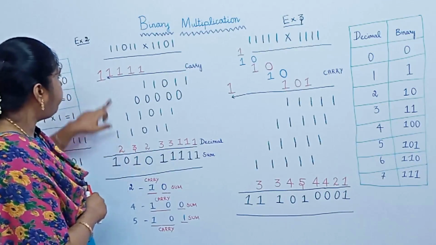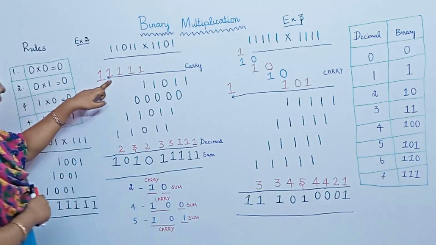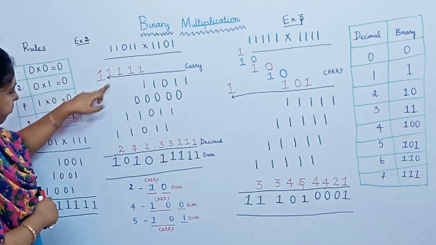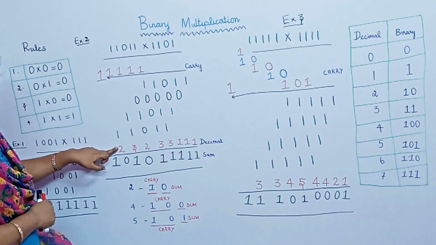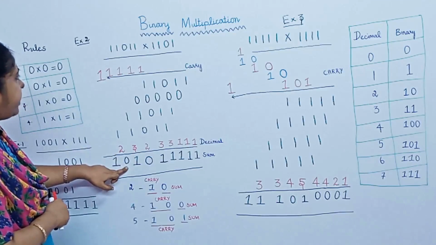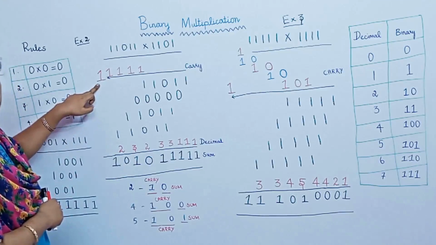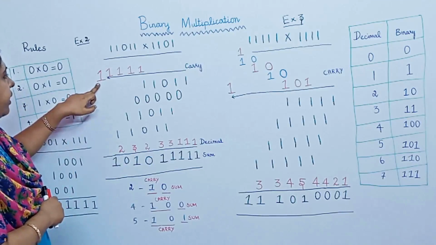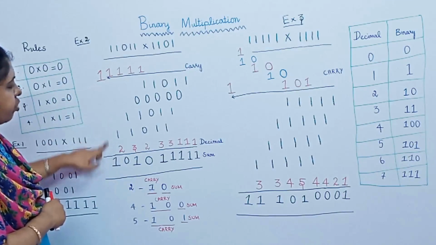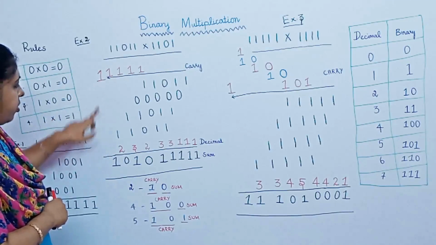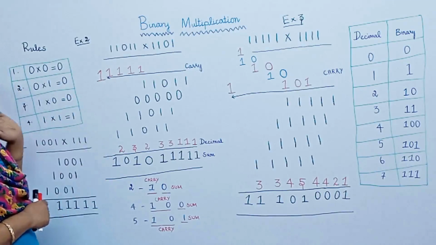So 1 here, and again 1 is placed here. Again in the last row, 1 plus 1, which gives 2. The value of 2 is 10. So 0 is placed here, and then the next 1 is written here as a carry. So the 1, which has no more digits to add, can be placed as it is.